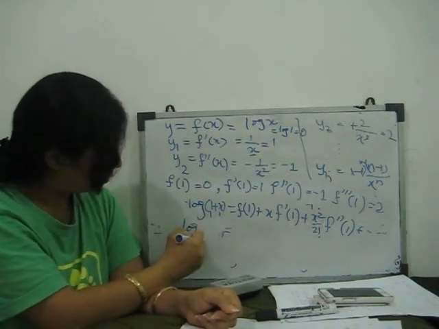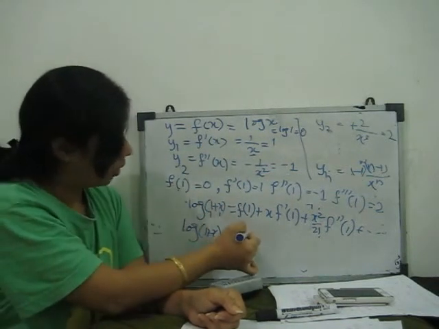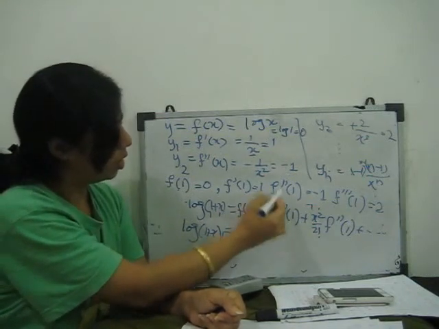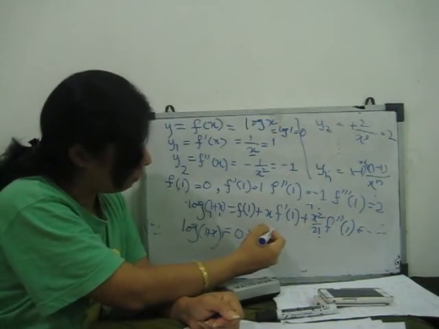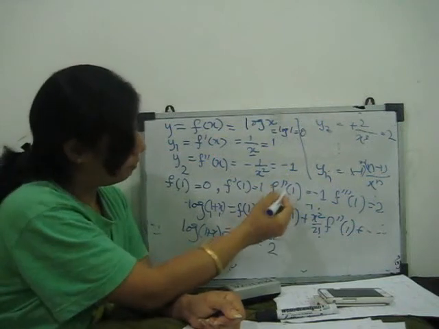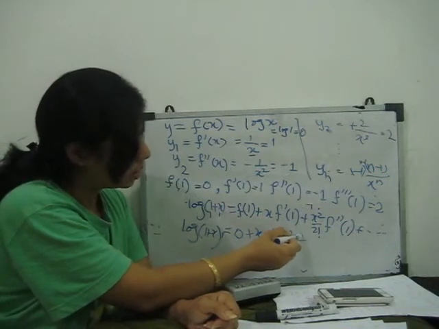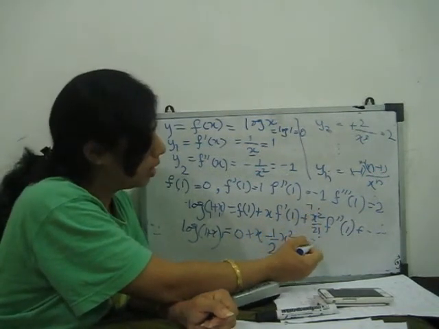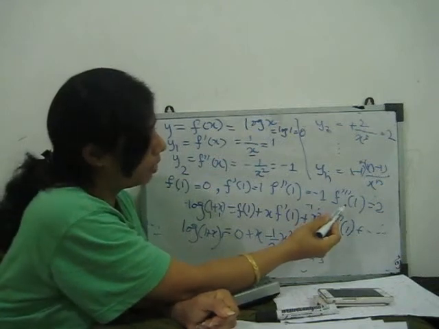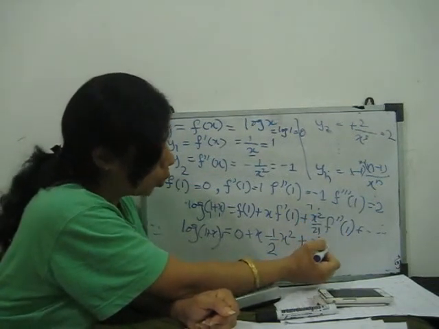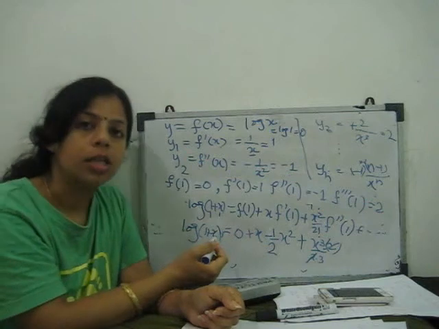Log of 1 plus x: f of 1 is 0, plus x times f dash 1, which is 1, plus x square by factorial 2 times minus 1, plus x cube by factorial 3, where 3 factorial means 2 into 3, and f triple dash is 2, so the 2 will cancel. So what is our series?